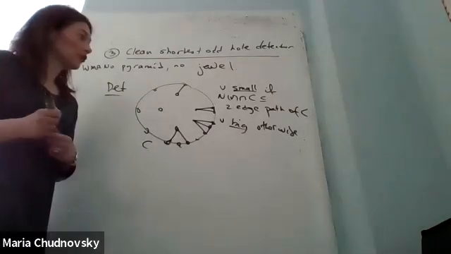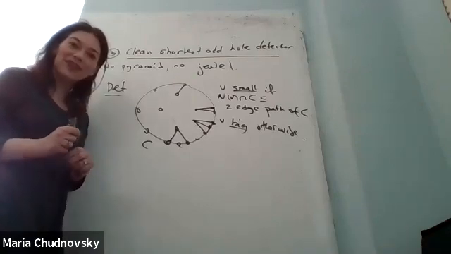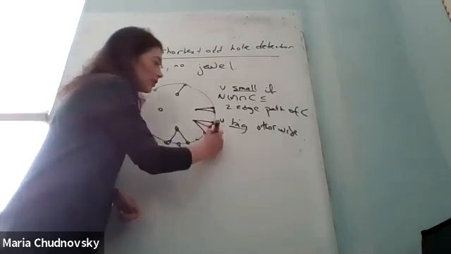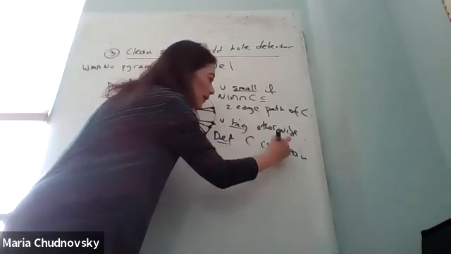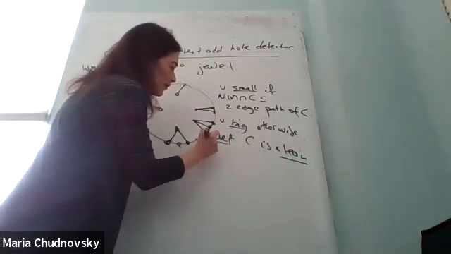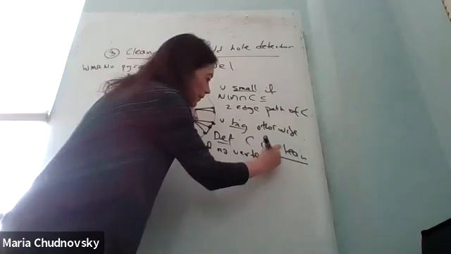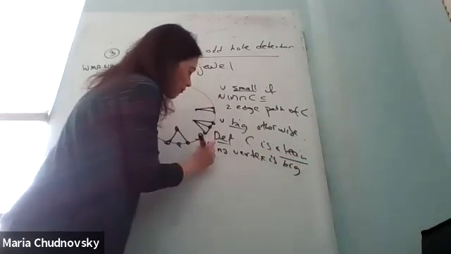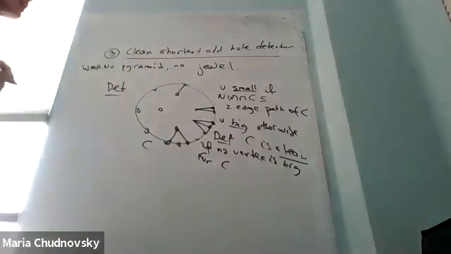It turns out holes that don't have big vertices are nicer. So definition: C is clean if no vertex is big for C.